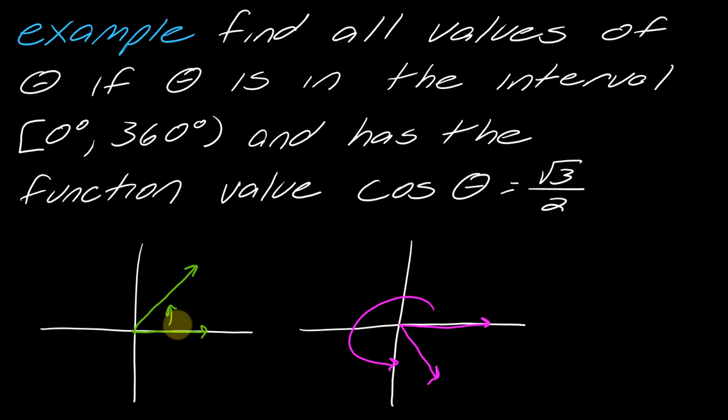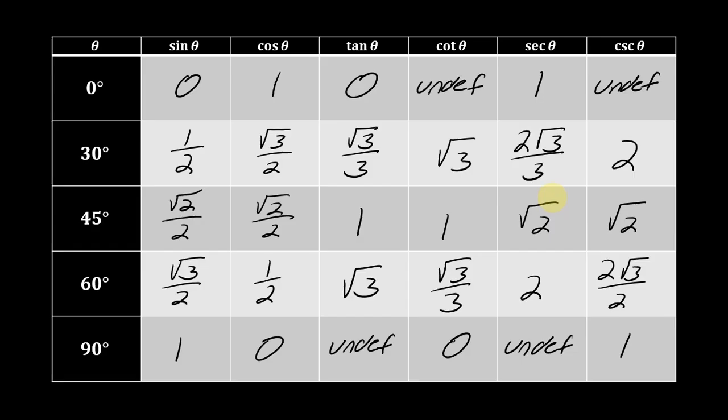So let's start with the easier one, so finding this value in quadrant 1. Well, if cosine of theta equals square root of 3/2, this sounds awfully familiar from this chart that we have been working with, right? So cosine of theta equals square root of 3/2 right here. That is here at 30 degrees, so I can leverage that.